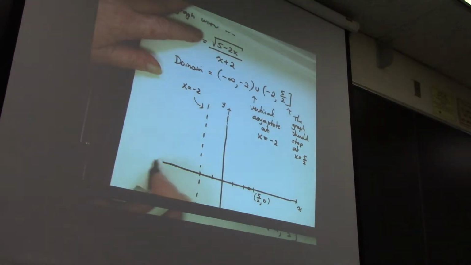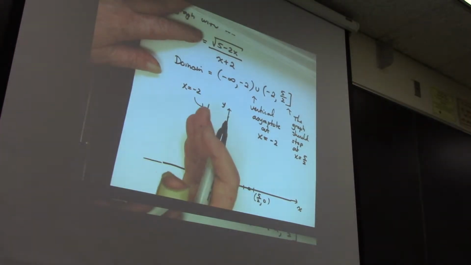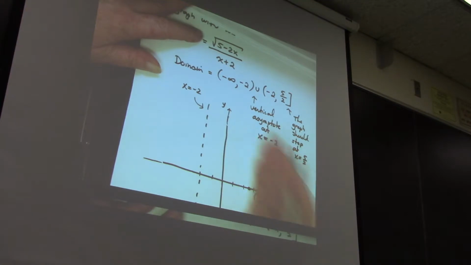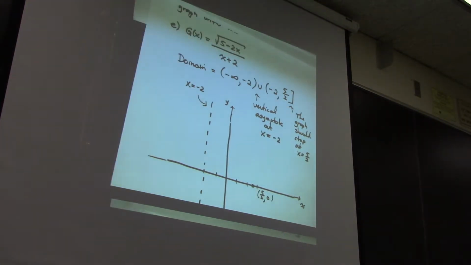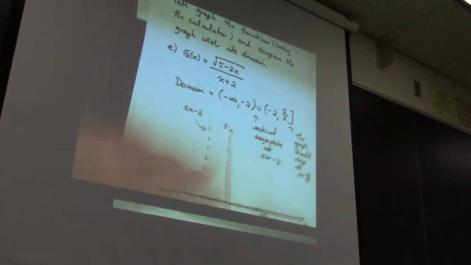There are points to the left of -2. There are points between -2 and 5/2. And let me just type in the function and have the calculator graph it and have it hopefully make sense.